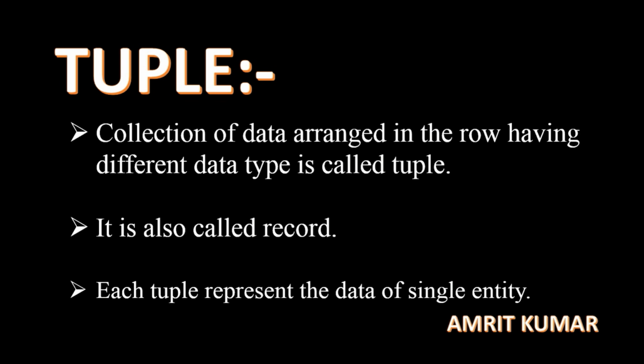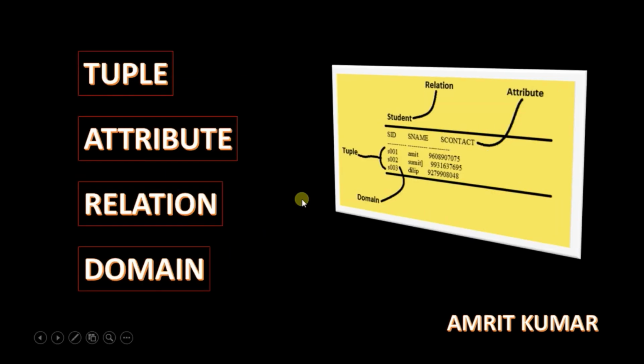It is also called a record, as we have talked here. This is what we call record, because it is data having different data types. So this is what we call records, or in terms of tuple, or in simple English terms tuples, in computer terms tuple.